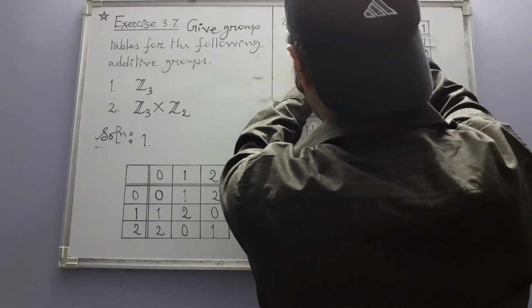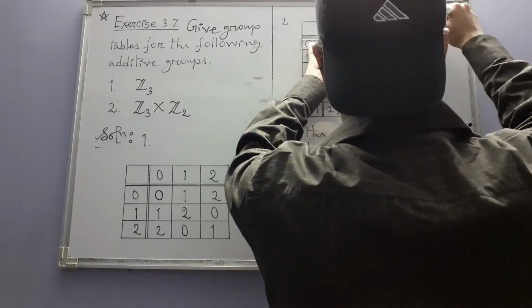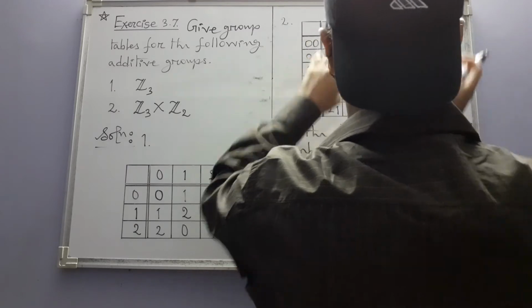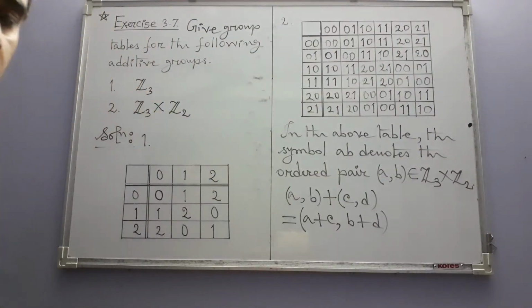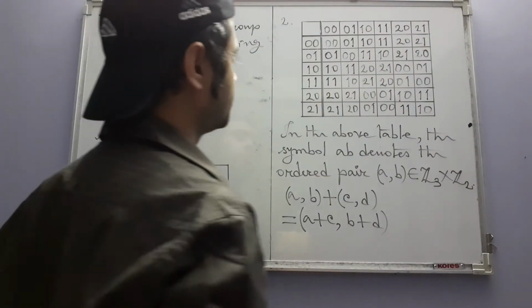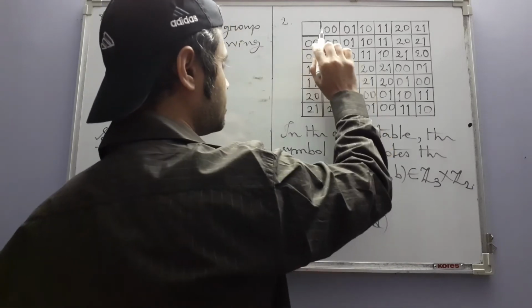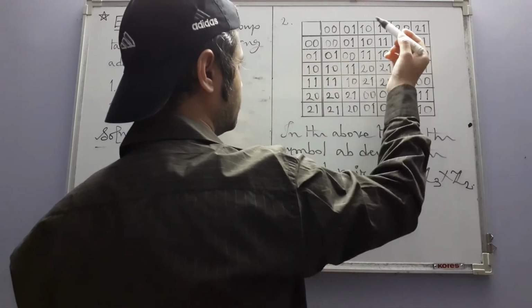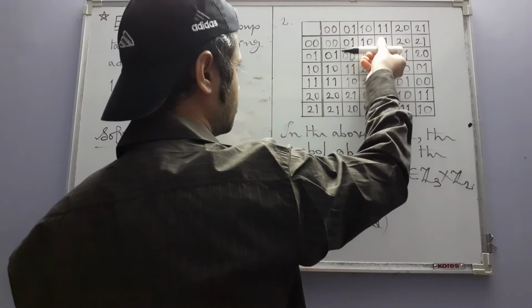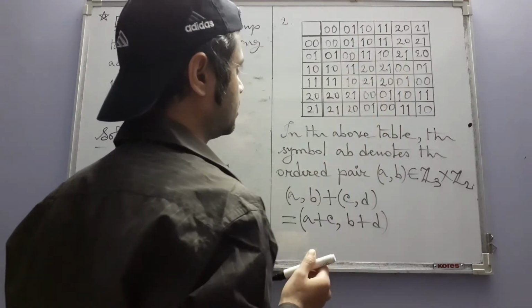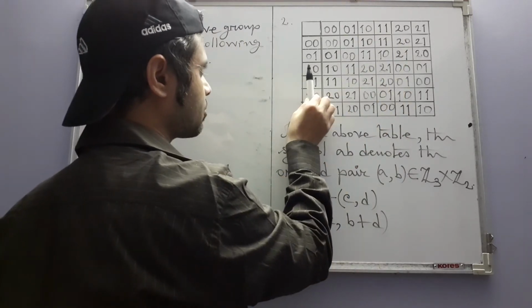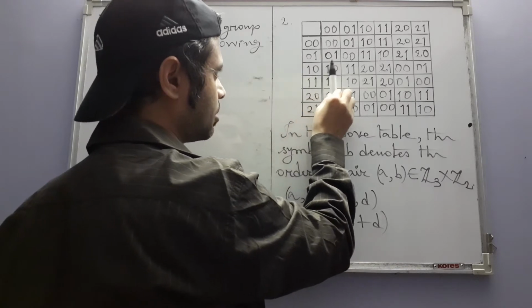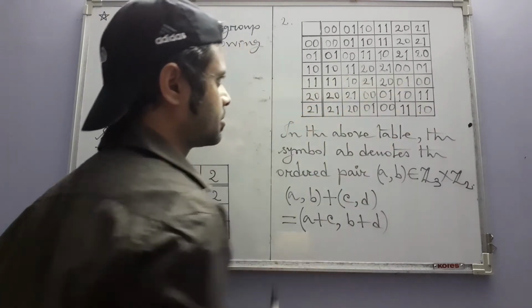Here in this second one, for example, there are 6 elements in the group, right? So besides this first row, you need 6 rows 1 2 3 4 5 6. Like that, besides this first column, you need 6 columns 1 2 3 4 5 6.